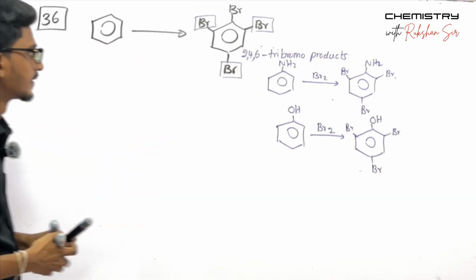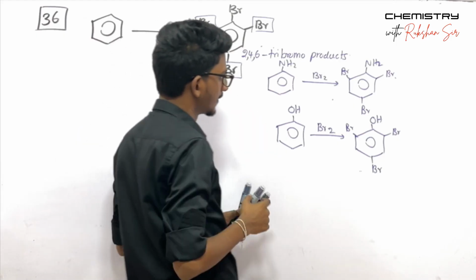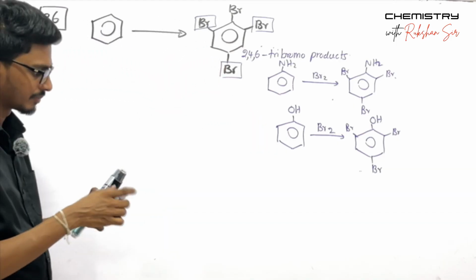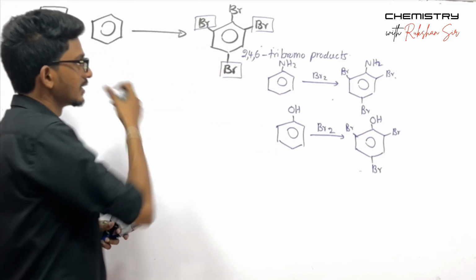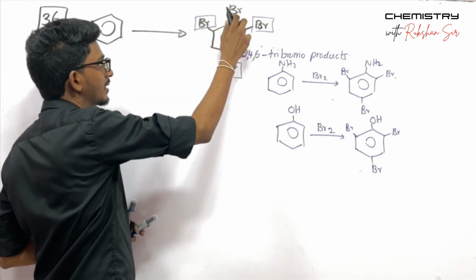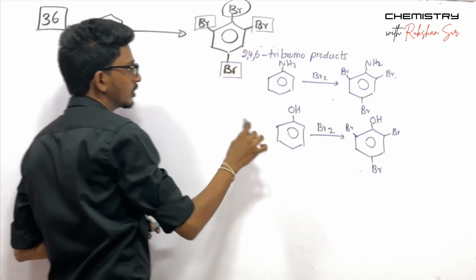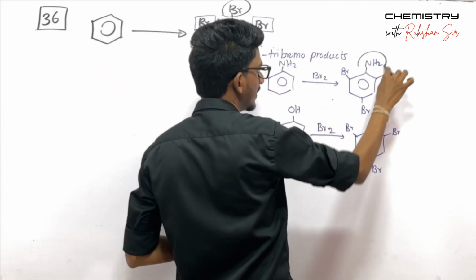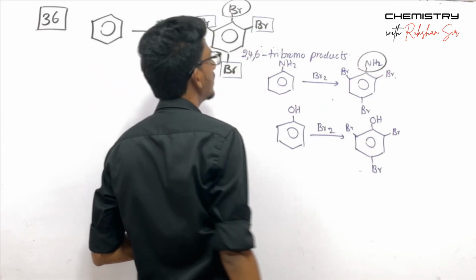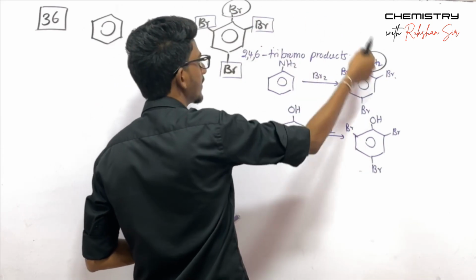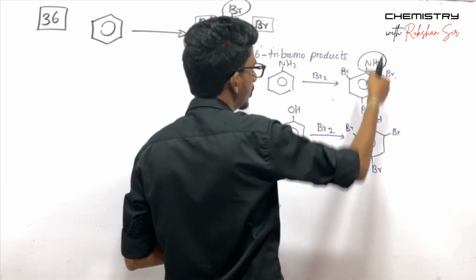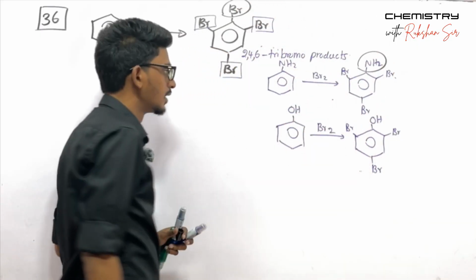This can be converted to Br through a diazonium salt, but not this one.